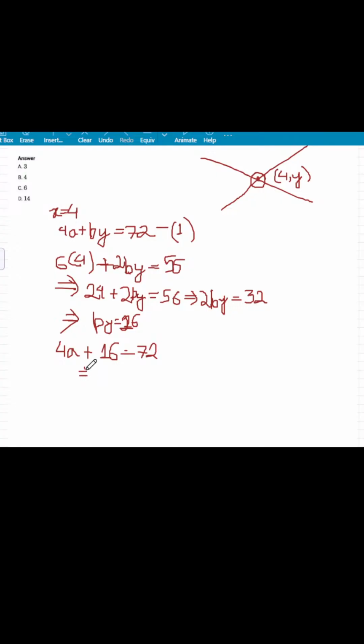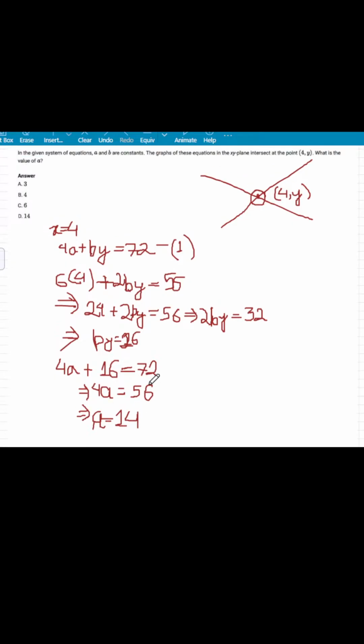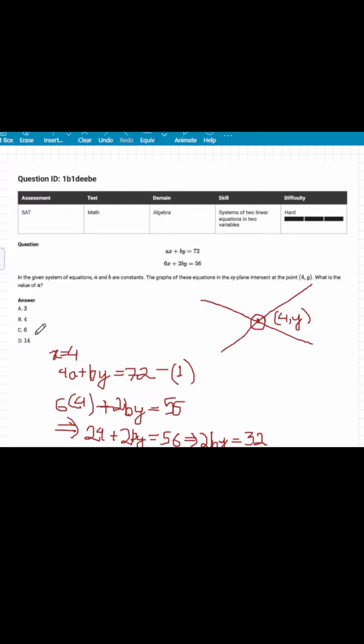So 4a is equal to 56. That means a will be equal to 14. So a is equal to 14, and 14 is the correct answer for the value of a.